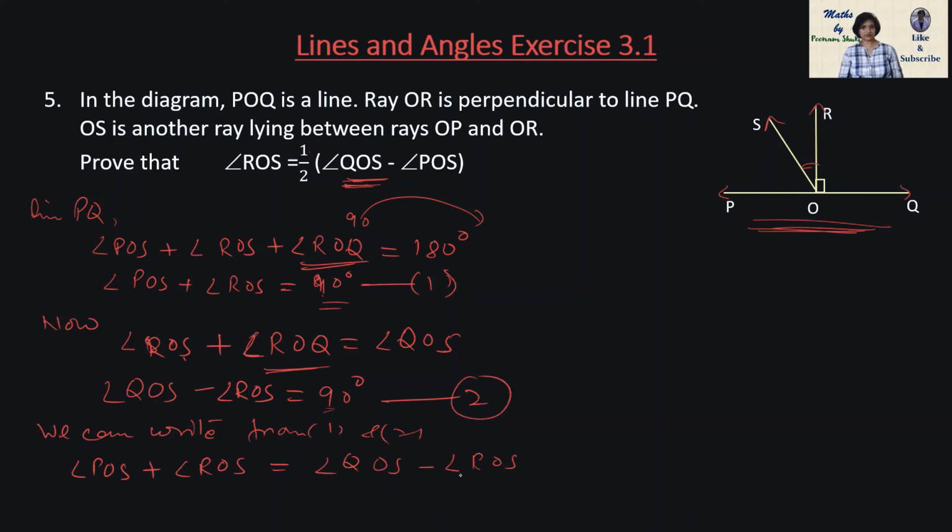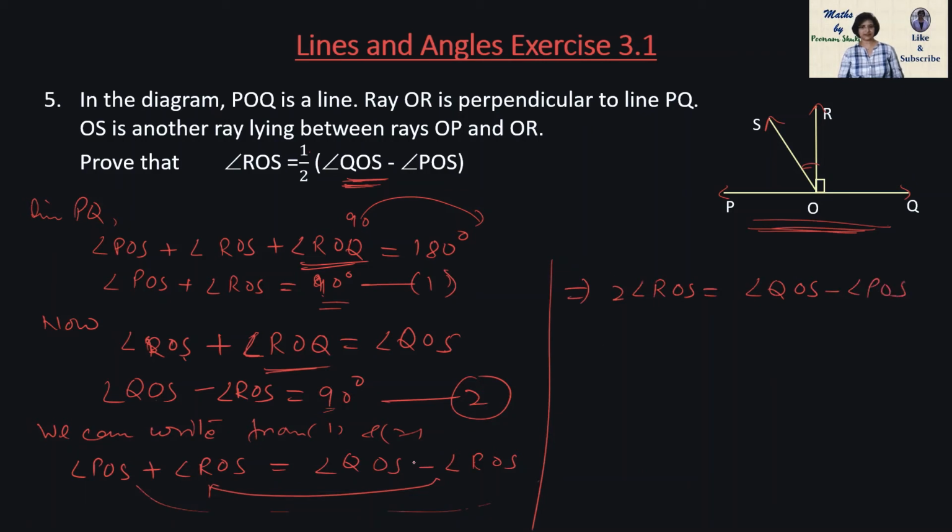Now ROS will come to this side, and POS we will take to the other side. So this implies 2 angle ROS equals angle QOS minus angle POS.